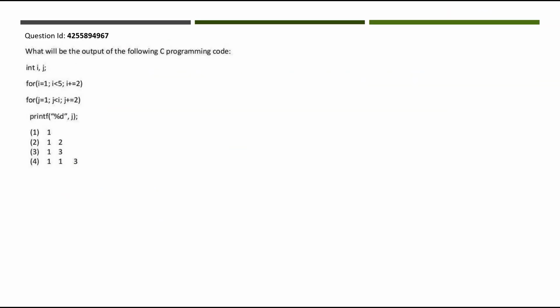Next question. What will be the output of the following C programming code? We have int i, j. We have two loops here. It's a nested for loop. For i = 1; i < 5; i = i + 2. For j = 1; j < i; j = j + 2, and we are printing j.